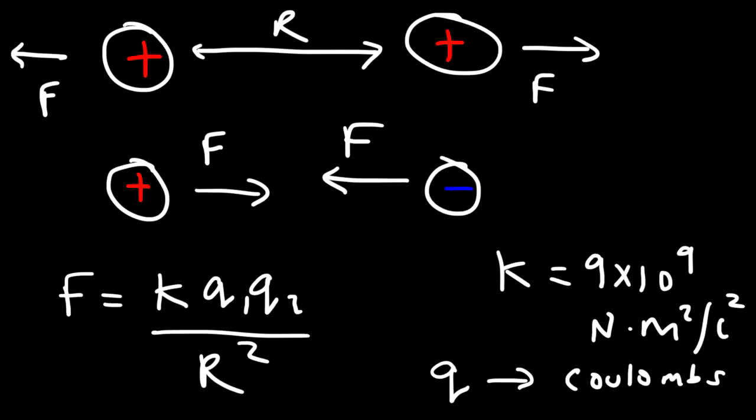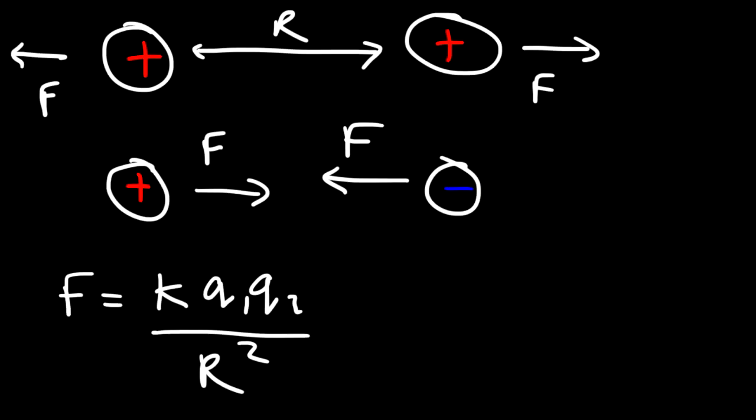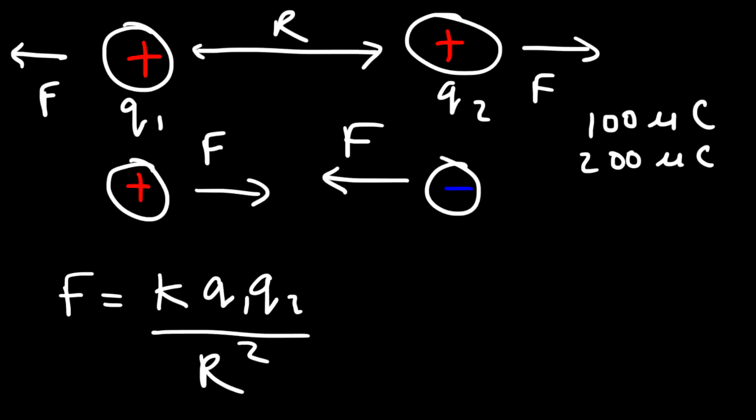And now let's think about what this equation tells us. If we were to increase the magnitude of, let's call this Q1 and Q2. So let's say Q2 increased from 100 microcoulombs to 200 microcoulombs. What do you think the magnitude of the force will be between the two charges?